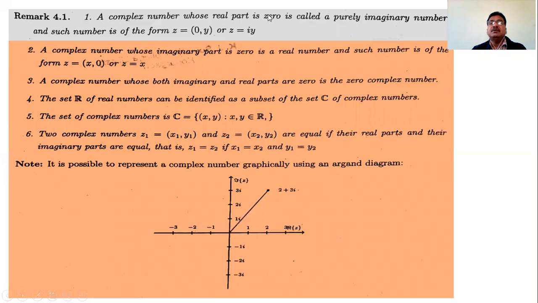A complex number whose real part is 0 is called a purely imaginary number, such as a number of the form 0 plus iy, that is, the ordered pair 0 comma y, or z is equal to iy.